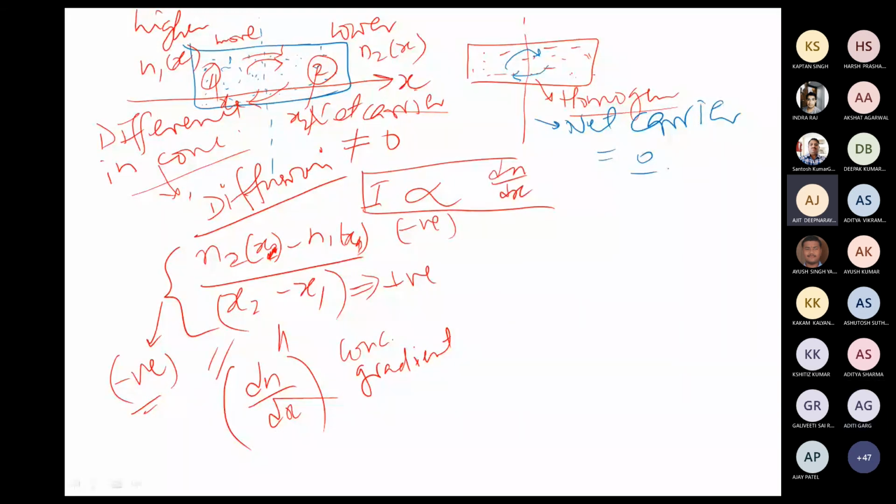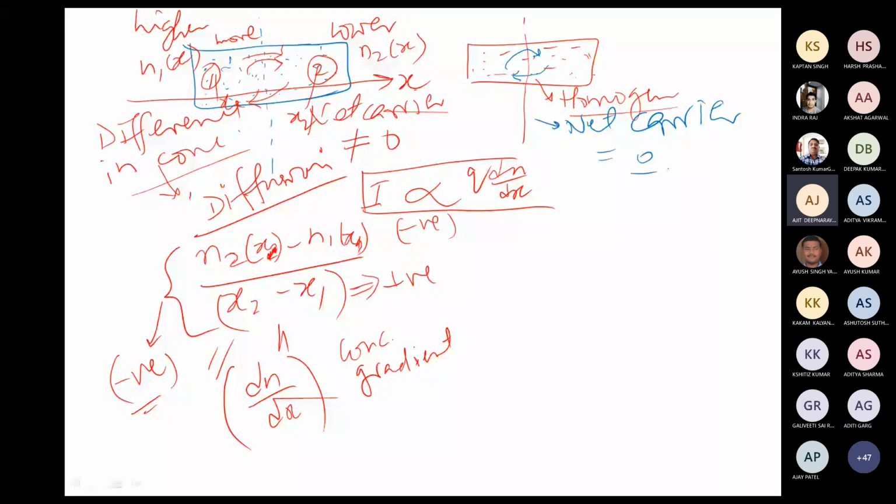Here n is the concentration of the charge carrier, and each charge carrier is going to carry a charge q. So if we relate this, we have to multiply by q. Also, the current is going to depend on the cross-sectional area A through which these charge carriers are flowing.